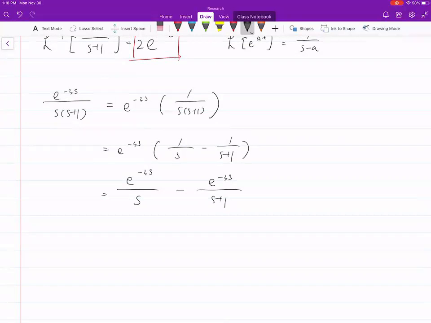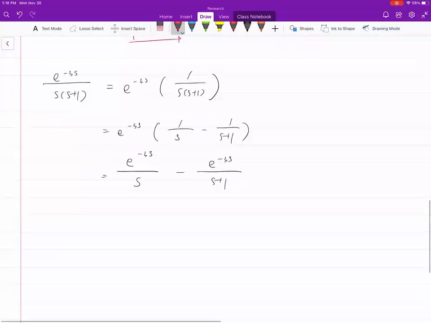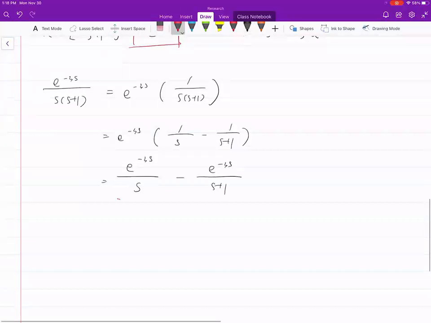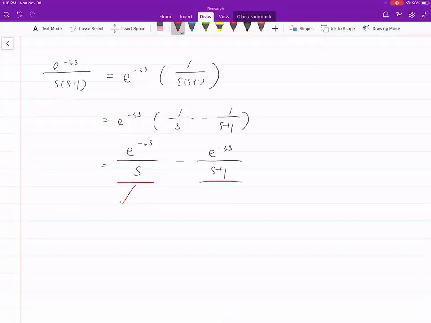All right. Now to do the L inverse for the whole thing, it's the same as doing L inverse of this and L inverse of this. This is easy because we've already done it. Which is exactly the Heaviside function.